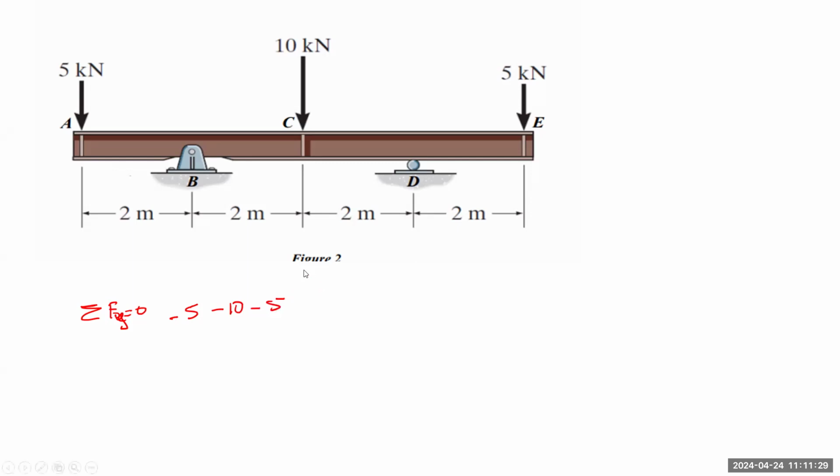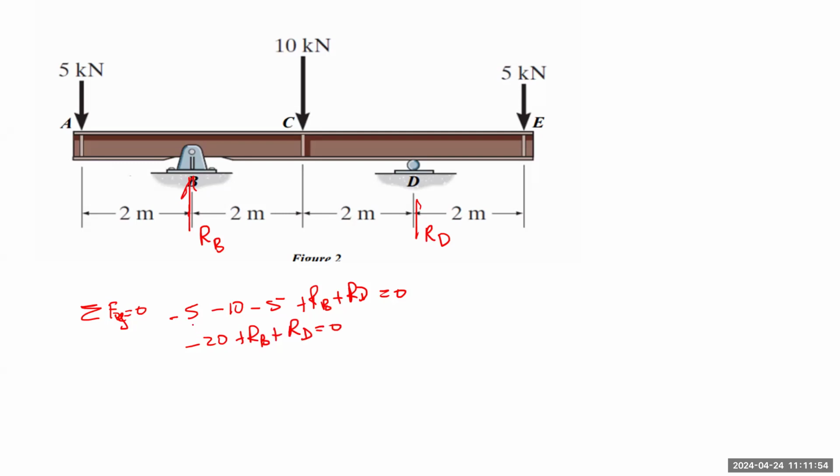And you would put in your reaction forces here. You draw your free body diagram, RB, and this would be RD. So this would be plus RB plus RD equal to 0. That gives you minus 20 plus RB plus RD. So you get your equation in y.